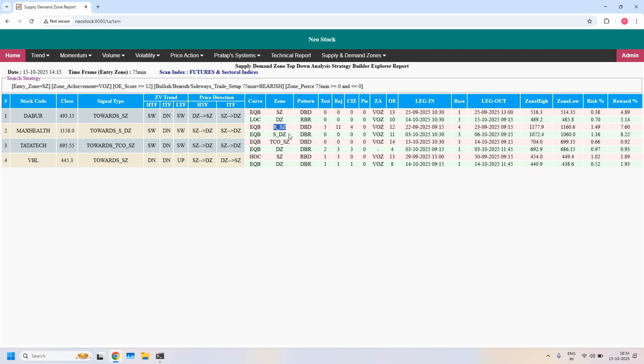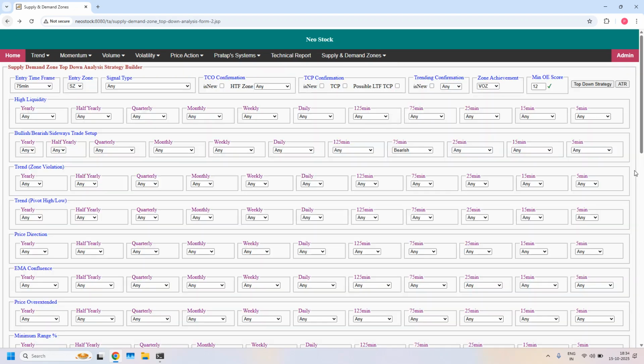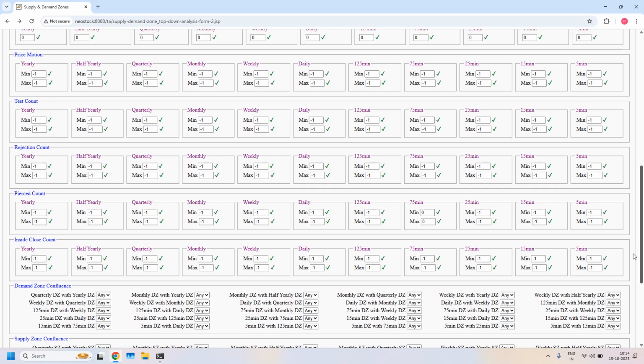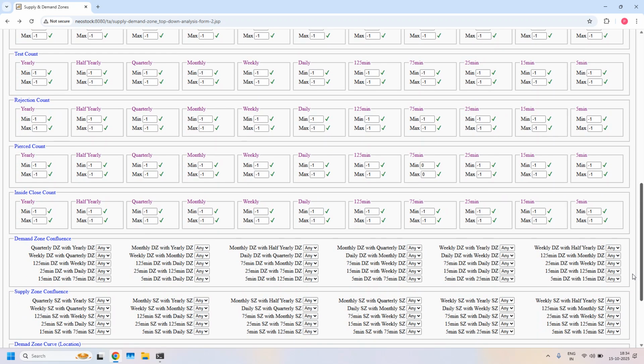Entry time frame zones are 75 minute supply zones. Out of these 4 75 minute supply zones, there could be some high probability trade setup 75 minute supply zones available. We need to filter them based on 2 different zone confluence and EMA confluence strategies that we learned in lesson 27. The first one is LTF and ITF supply zone confluence, and then ITF EMA confluence.